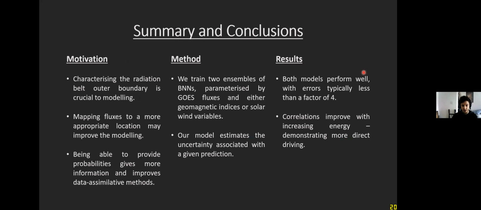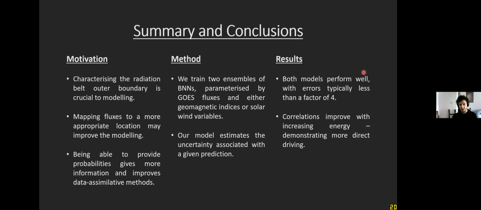So just as a quick summary, and then we can hopefully talk more about it if you have specific questions. What we wanted to do here is to characterize the flux distribution at the outer boundary so that it could be usefully incorporated into physics-based models as a more appropriate boundary condition. We're doing it at a different location where there's much less spacecraft data.